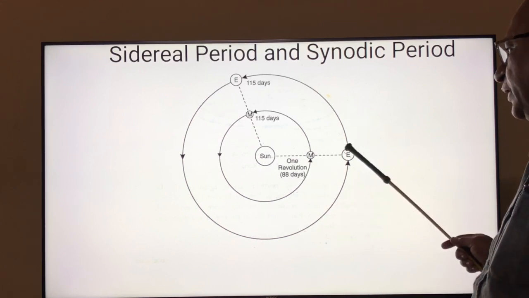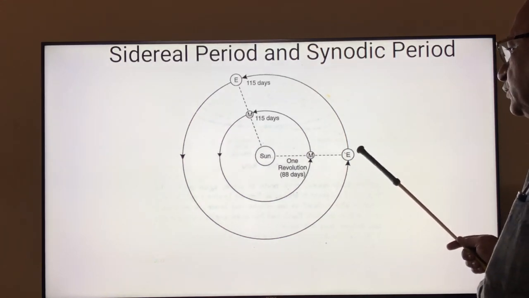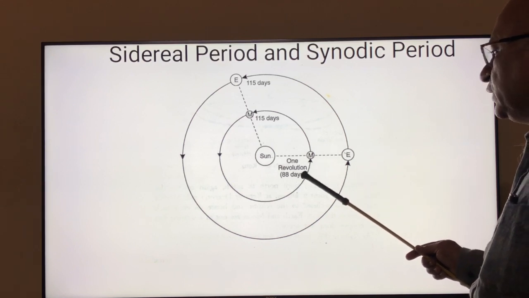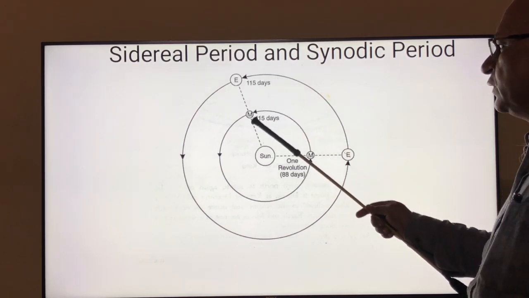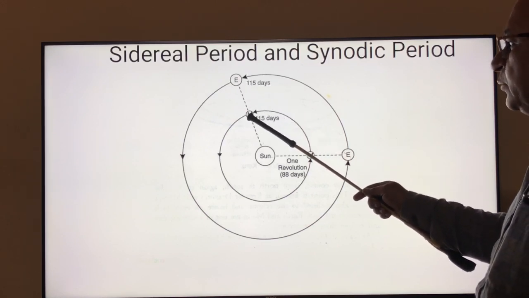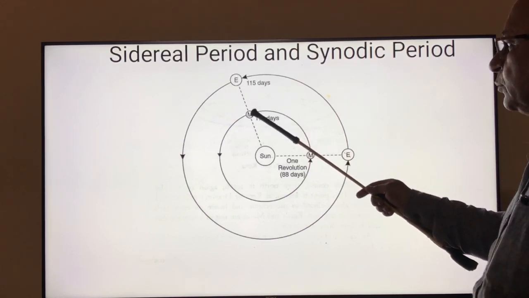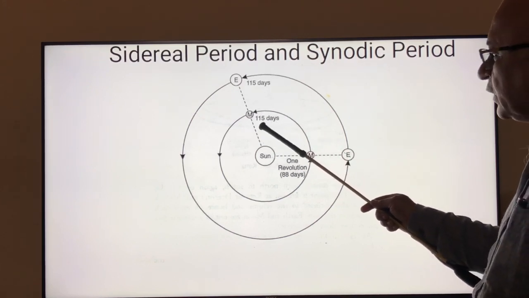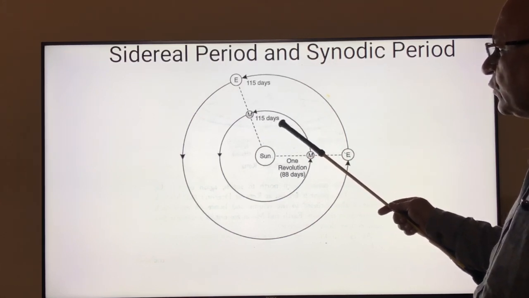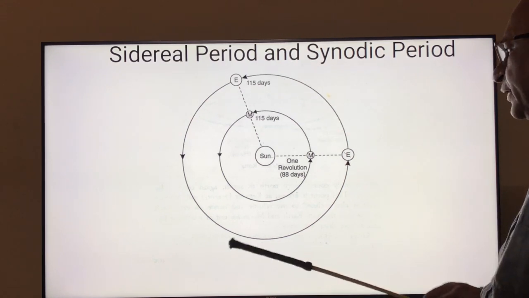But when we observe it from the earth, during these 88 days, the earth also moves some distance, and the earth, Mercury and sun fall in the same line after 115 days, and this is called the synodic time.